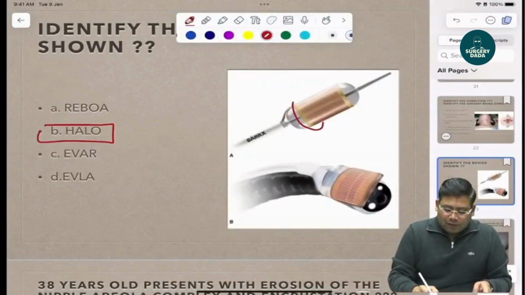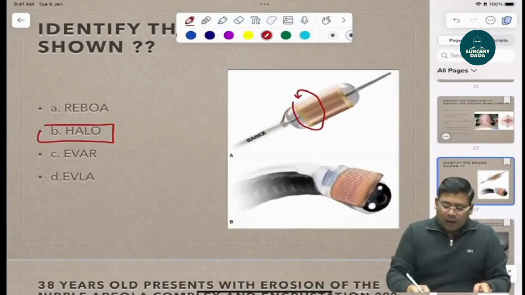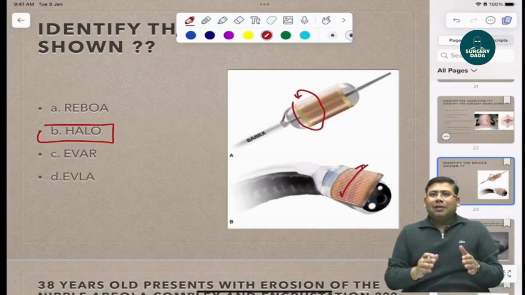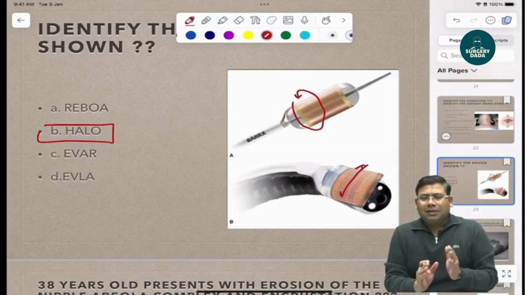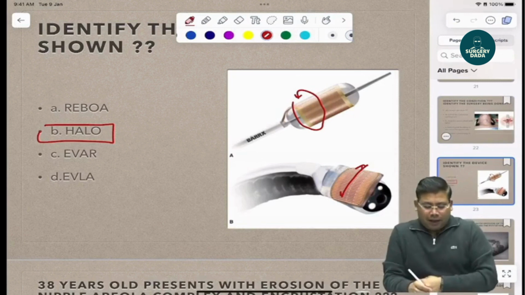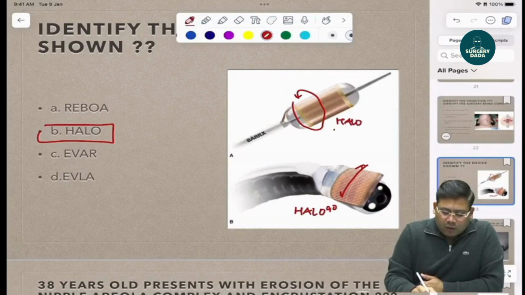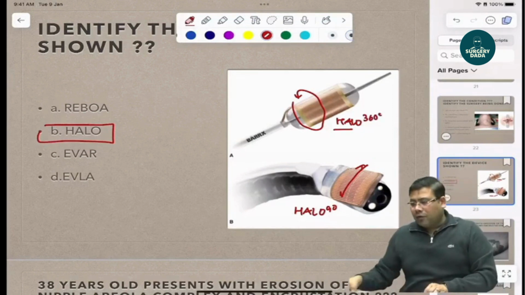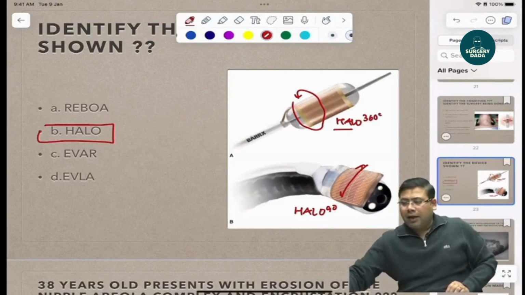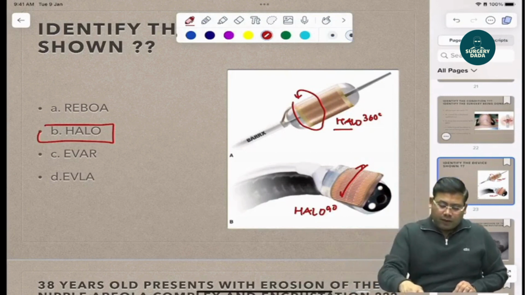This is a circumferential 360 degree burning, and this is 90 degree. So for segmental Barrett's, Halo 90 is good. This is Halo 90, and if there is circumferential Barrett's, we can go for Halo 360. Based upon the requirement, we will be going for that particular type of usage.